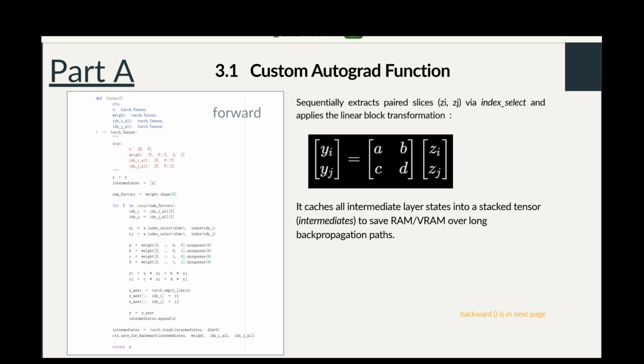All intermediate activation stages are compressed into a clean stacked tensor intermediate before being saved. This custom management optimizes our VRAM footprint during deep backpropagation passes.